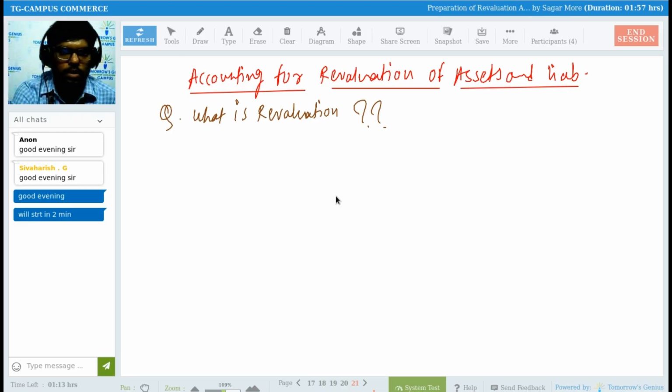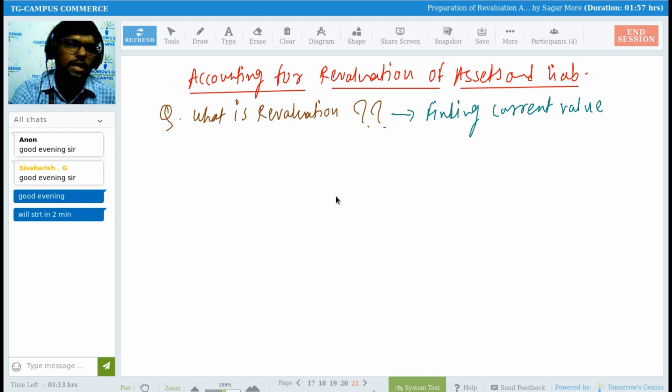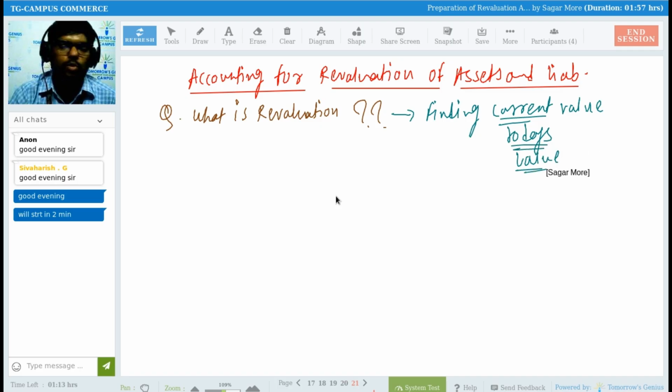Or I can say finding the current value; another word for current is today's value. Finding today's value. Sir, the parents of Shivarish purchased one flat 10 years back for 25 lakh rupees.